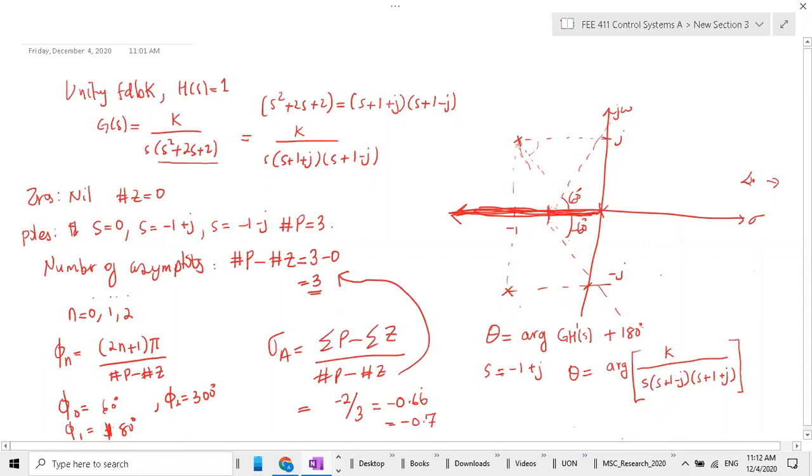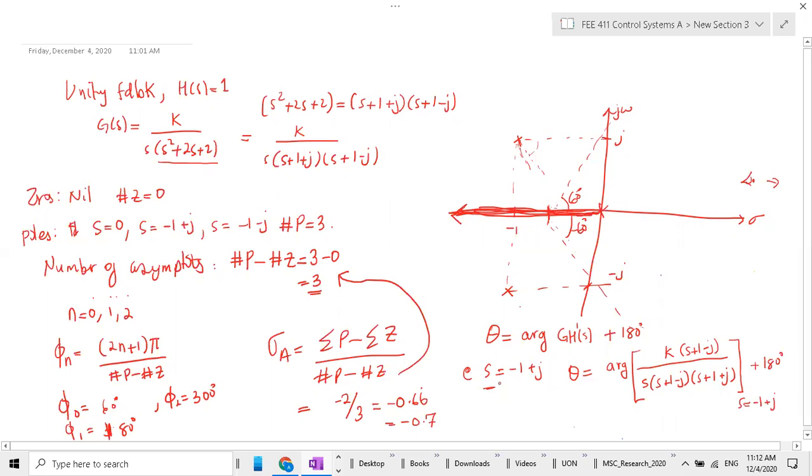So you calculate at this point, but excluding its contribution. So you multiply by S plus 1 minus j to exclude the contribution, and then you get the argument at that point, plus 180.